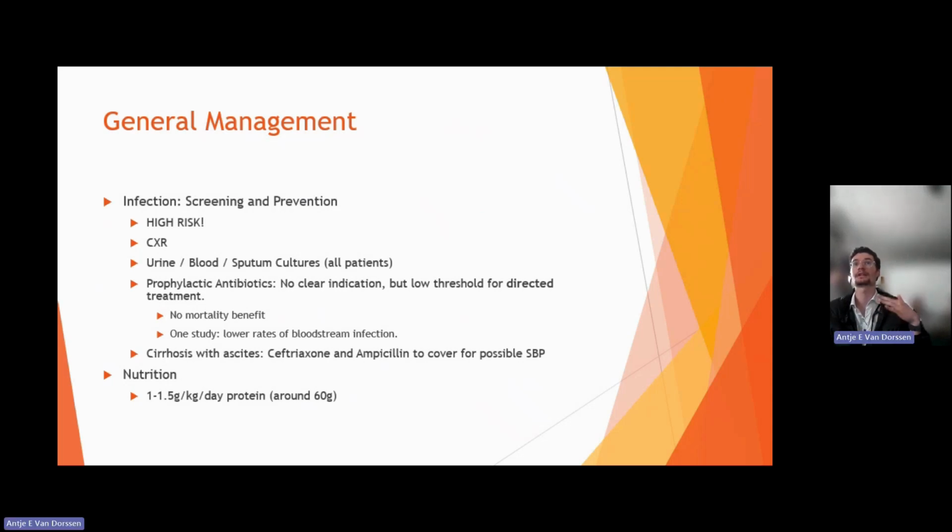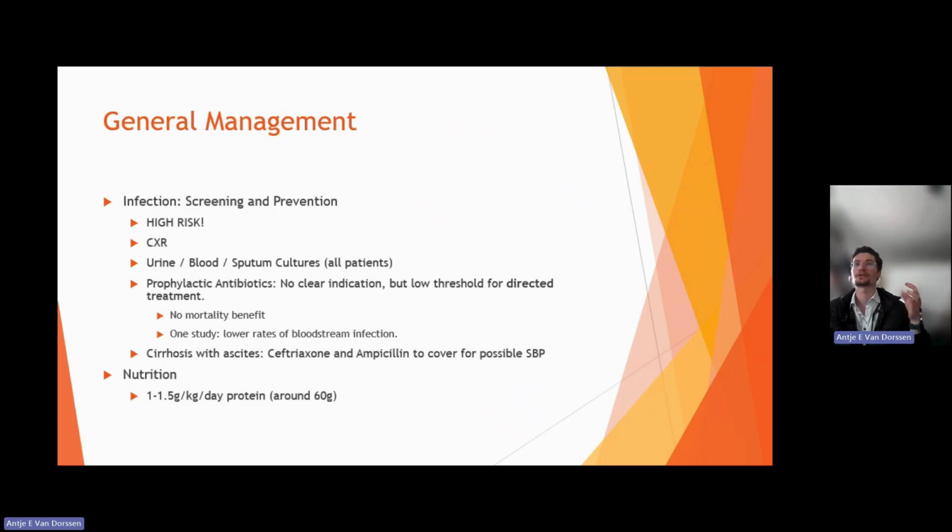So there's no clear indication for prophylactic antibiotics. There's studies that have shown no mortality benefit, not just studies, but randomized controlled trials and meta-analyses of those trials. There was one study that showed lower rates of bloodstream infection, but it didn't translate to an overall mortality benefit, and it was a secondary outcome as well.